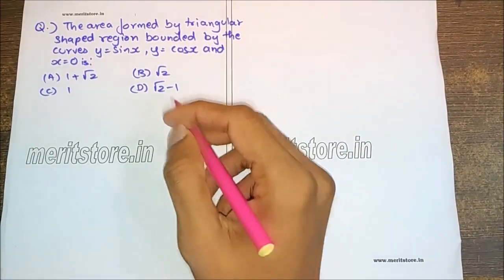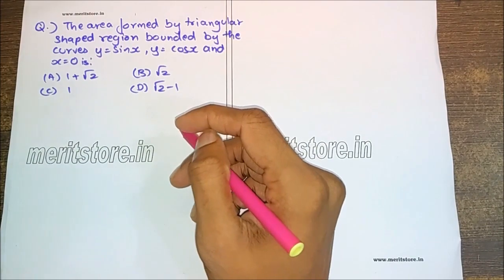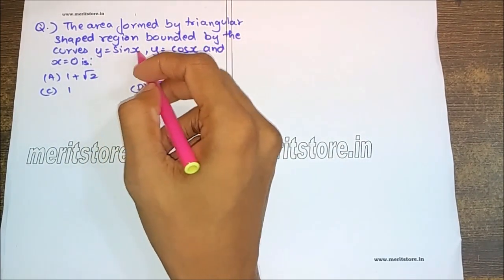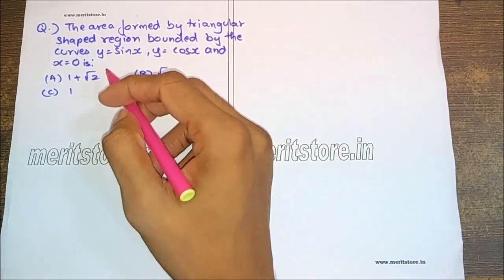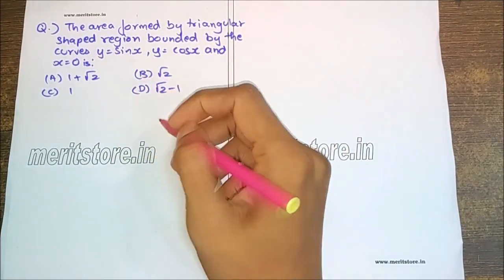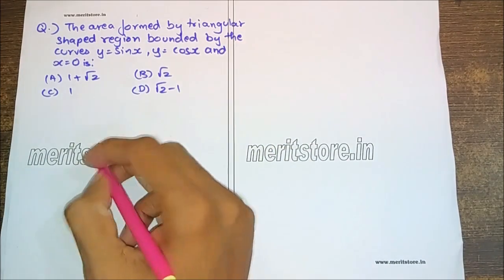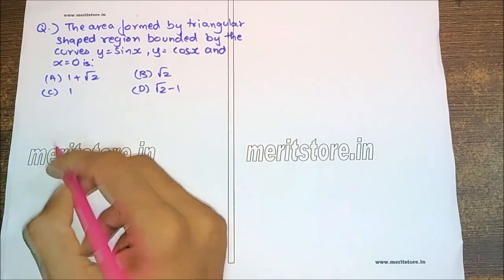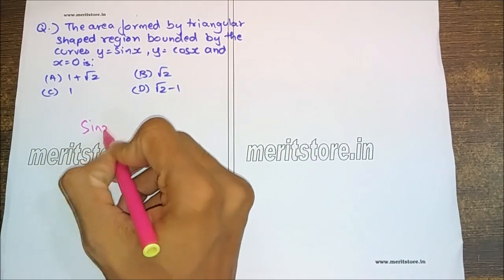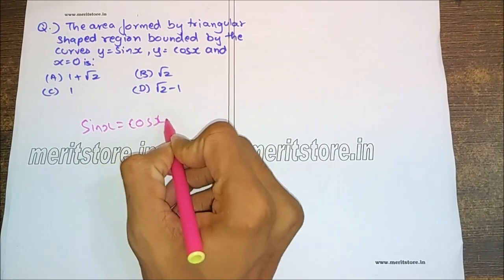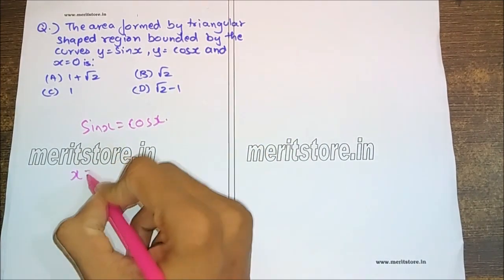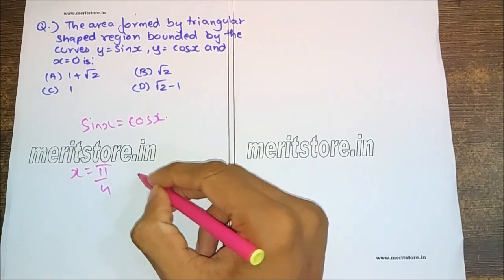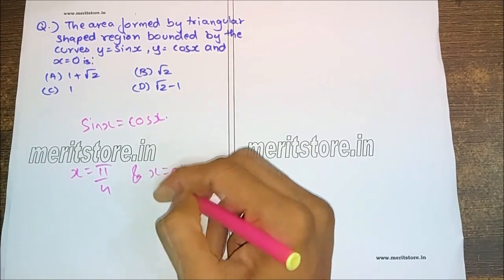Let's see MCQs on application of definite integral. The area formed by triangular shape region bounded by the curve y is equal to sin x and y is equal to cos x and x is equal to 0 is, we're given 4 options over here. Since we have y is equal to sin x and y is equal to cos x, therefore sin x is equal to cos x, which is x is equal to pi by 4, and given x is equal to 0.